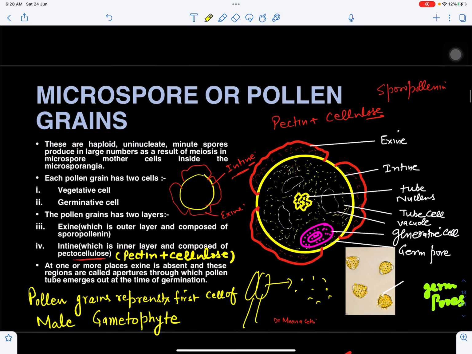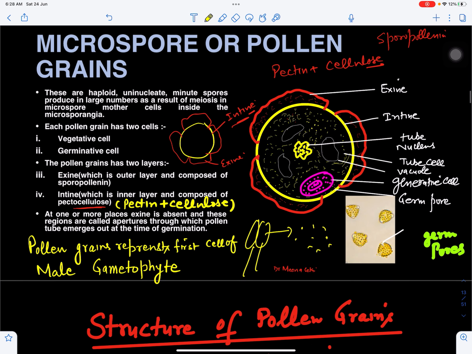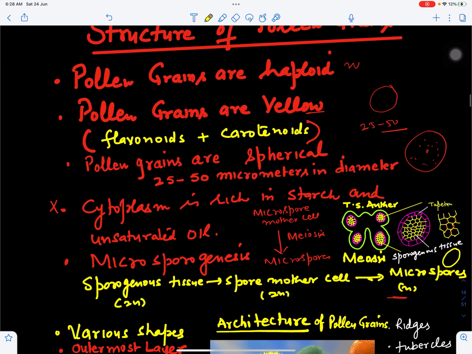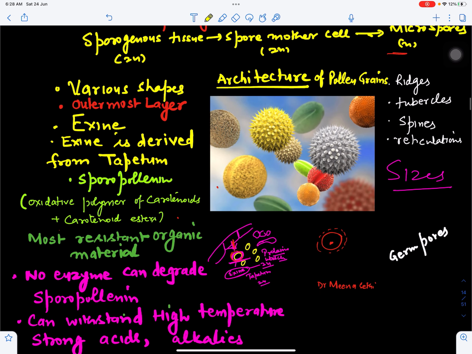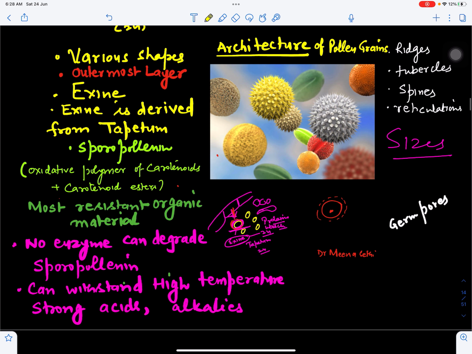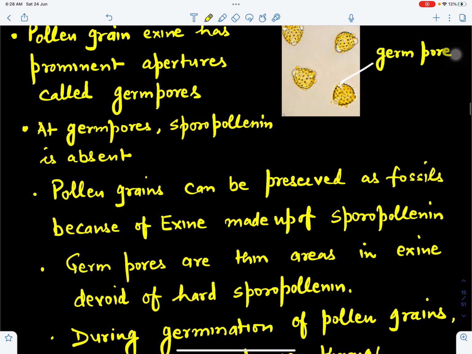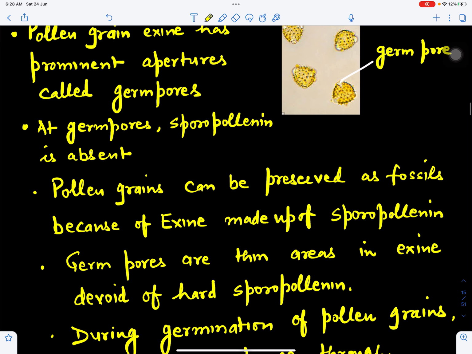So the development of the male gametophyte and the structure of the pollen grain we have discussed in detail. The pollen grain's polarity level is haploid. They have different shapes and different architectural designs on the outer side. Sporopollenin, pectocellulosic in nature. Pollen grains have prominent apertures, thin areas called germ pores, and sometimes germ pores may be present in the form of furrows, then it is called a germinal furrow.